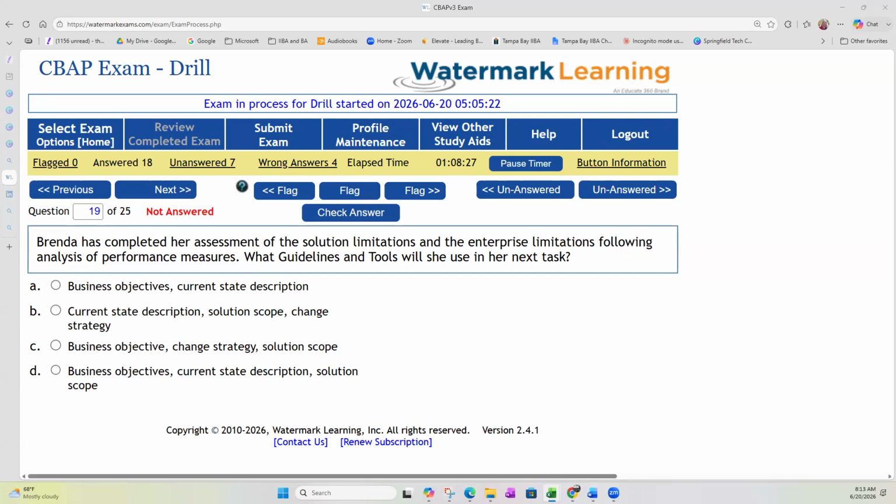The solution evaluation. We are on task 8, solution evaluation. She just did 2 tasks from this group.